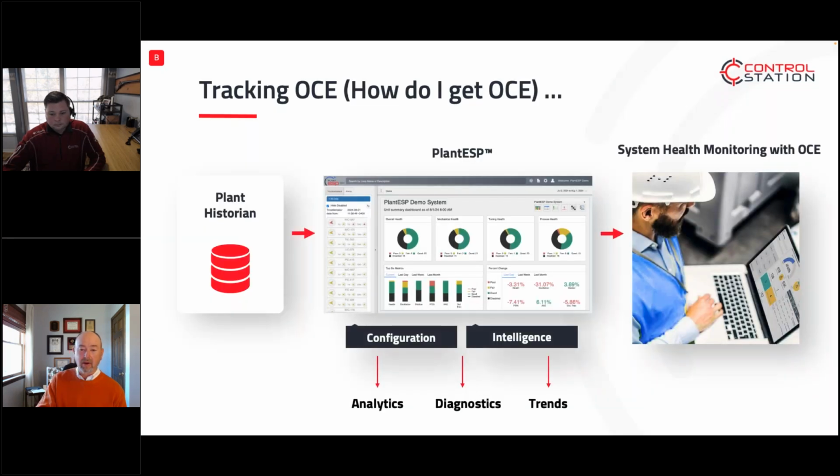Yeah, here. I mean, this is the job of Plant ESP, right? In part, it is to manage all that information and to keep track of which modes are normal and not normal, and do those kind of things so that you can generate a meaningful statistic for OCE coming out the other side of it.